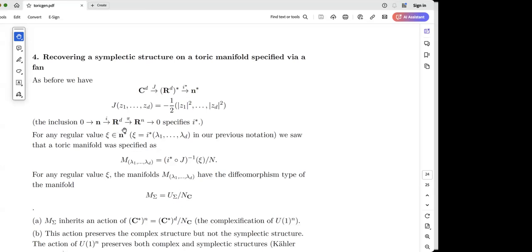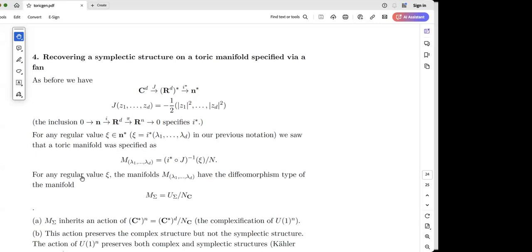For any regular value, I'll call it psi in n star, I'll write psi is equal to i star of lambda 1 up to lambda d. We saw that a toric manifold was specified by i star composed with J inverse of psi, quotiented by N.